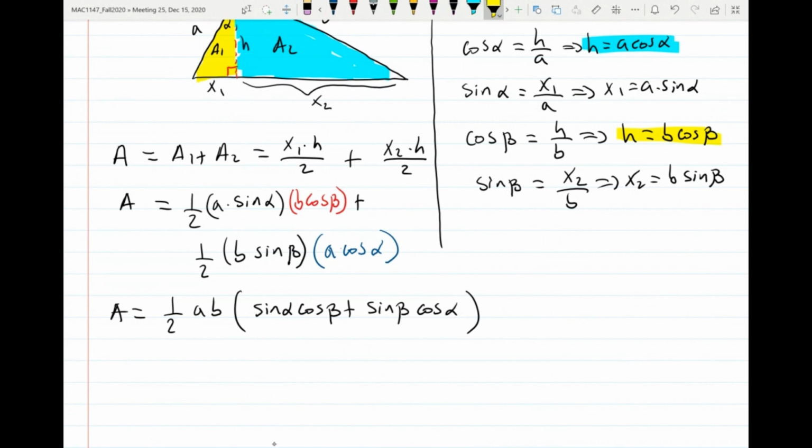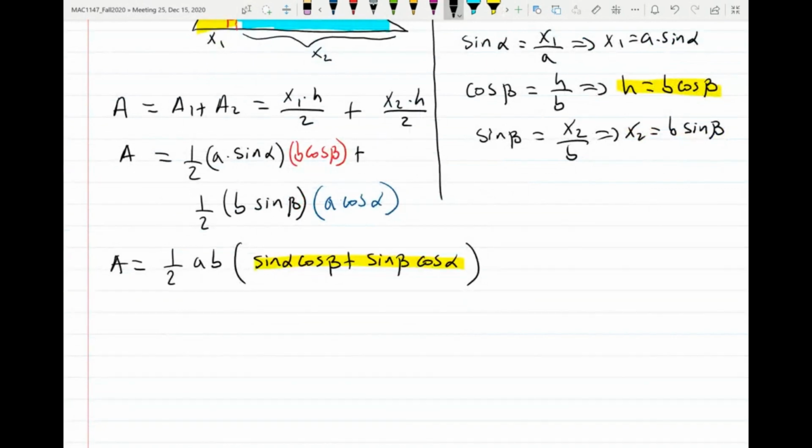And surprise, surprise, what comes to mind when you see this? You should realize that this is the sum formula for the sine. So this is equal to 1/2 AB times the sine of alpha plus beta, because this is sine cos plus cos sine.